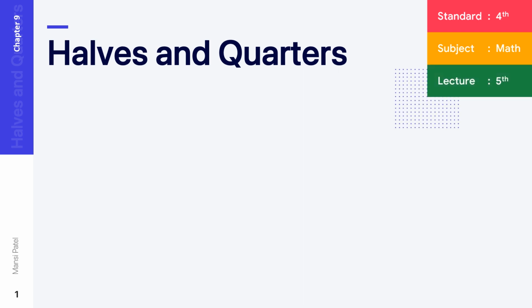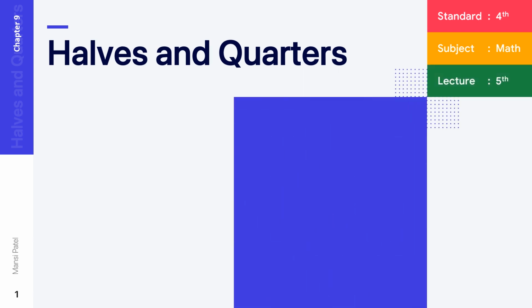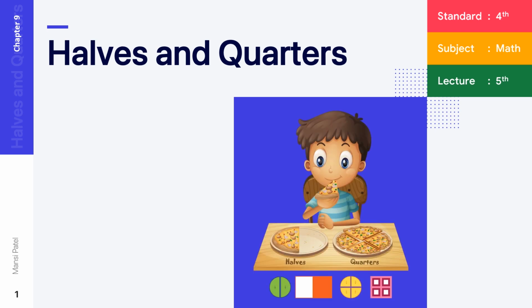In our previous 4 lectures, we studied the story that was given in your textbook, and after that we were studying about the fraction, the types of the fraction, the parts of the fraction. Now, today we are going to study and revise all those topics with the help of examples.